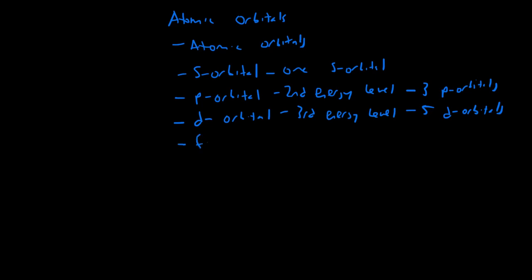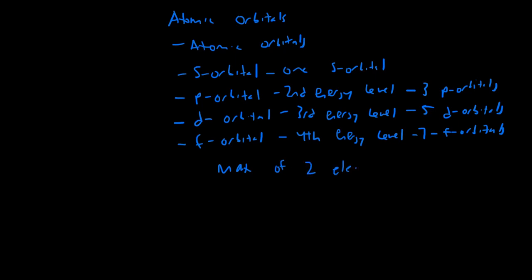And finally, there's the f orbital, which starting from the fourth energy level, each level has 7 f orbitals. And orbitals can hold a maximum of 2 electrons for each orbital.